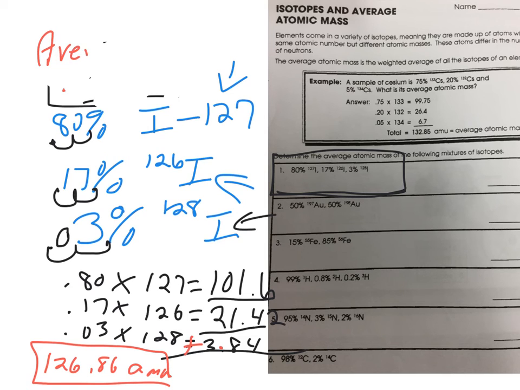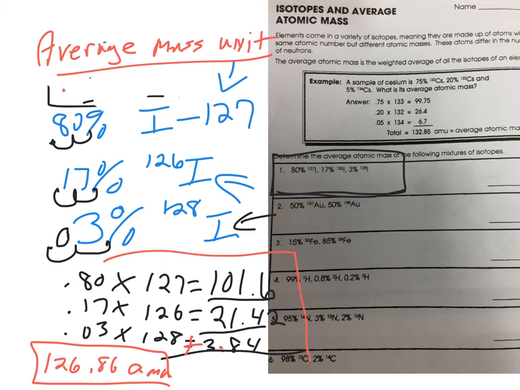This is your average mass unit. And this is going to be one of the questions on your lab tomorrow as well. Okay, that's your average mass unit. That's what AMU means. So now you must show all of this work, okay, for every single problem, and you must put the unit on there as well, okay?